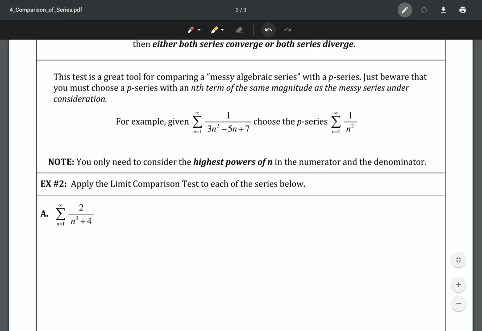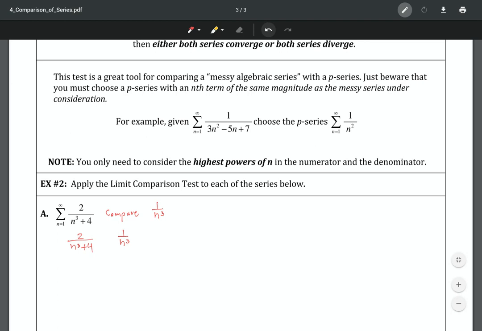First of all, if I were to try to compare this to something simpler like this, that would mean, like if I were trying to do the direct comparison test, right? So give me a second just to write this, and do not write this because I'm going to erase it.